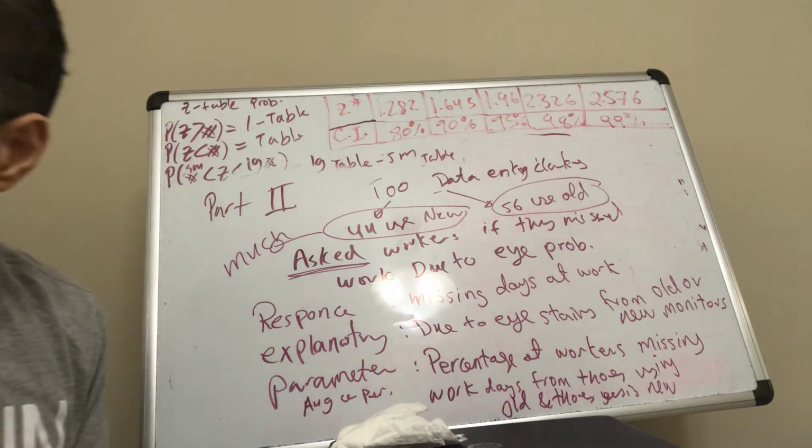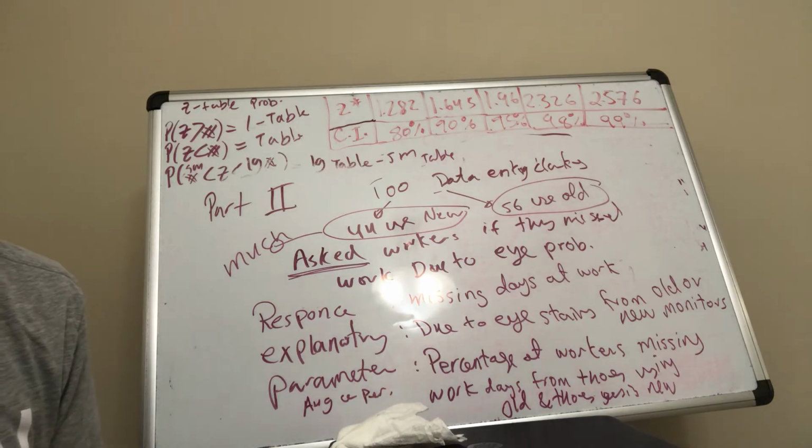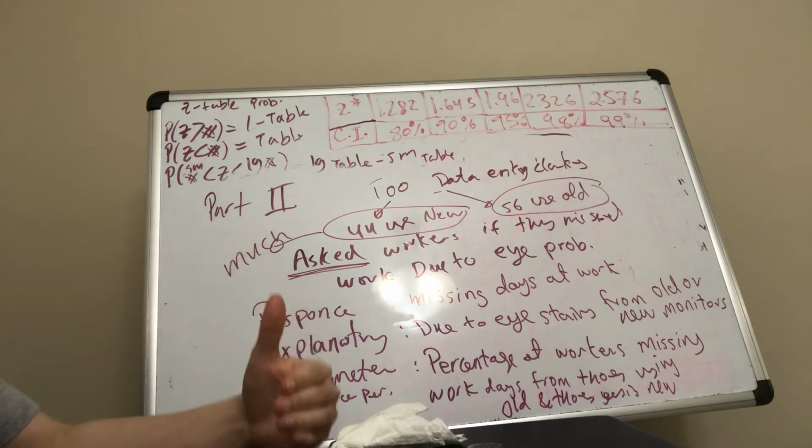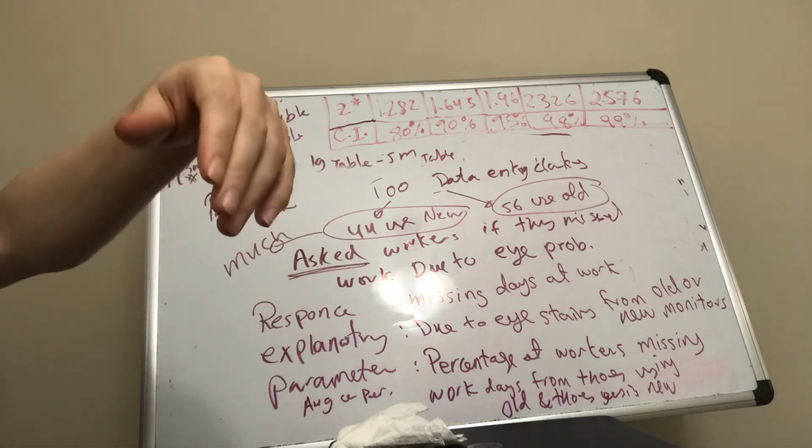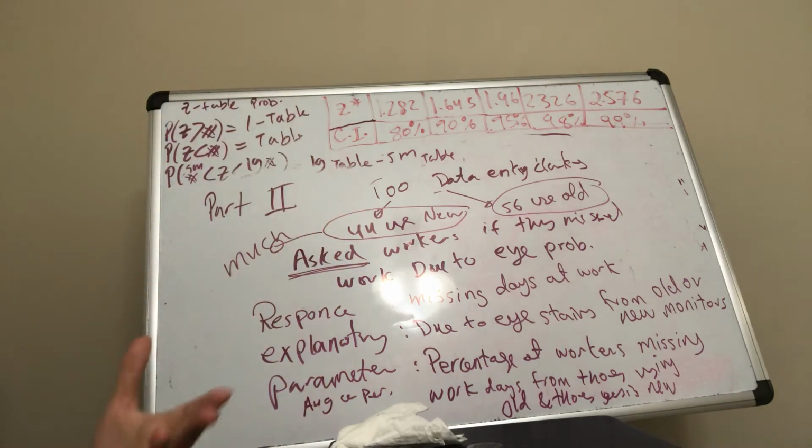And after this, explain why this is a prospective observation study. Prospective means that there's a waiting period. So you're doing the test and there's a waiting period.